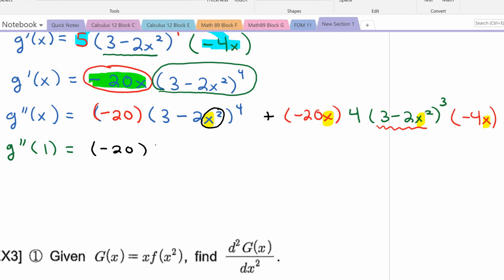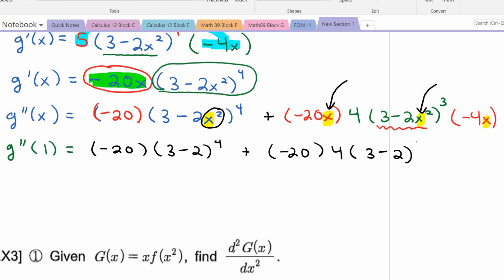So this is really just 3 minus 2 all to the power of 4 plus. And if I plug in a 1 here, I get just a negative 20. And if I plug in a 1 here, that just gives me 3 minus 2 to the power of 3. And if I plug in a 1 here, I just get negative 4. All right, so don't simplify anything. Just plug in the numerical values and things will work out very nicely.